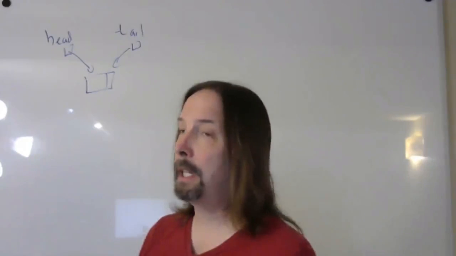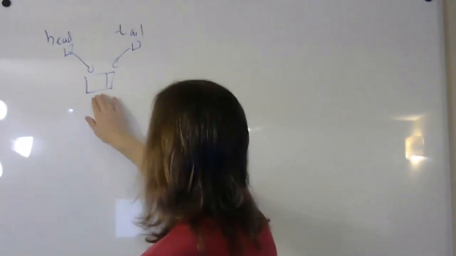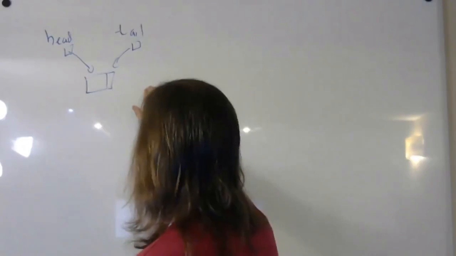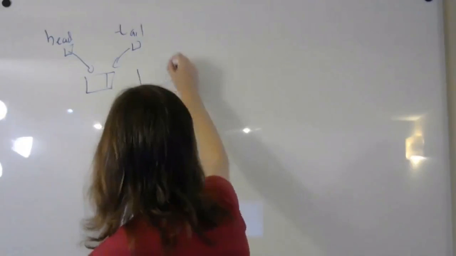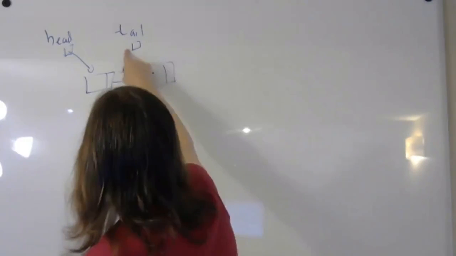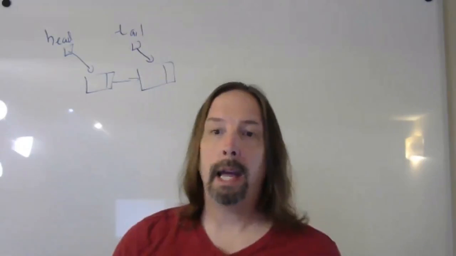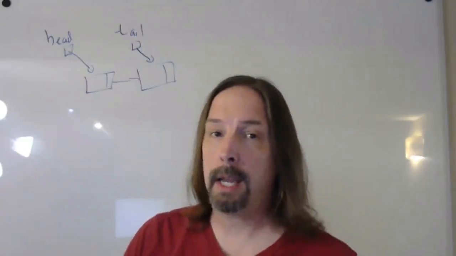So if we happen to insert at position 1, and this is position 0, then what we would want to wind up with is this situation. Now, if we added something between these two, the head and the tail would stay the same.